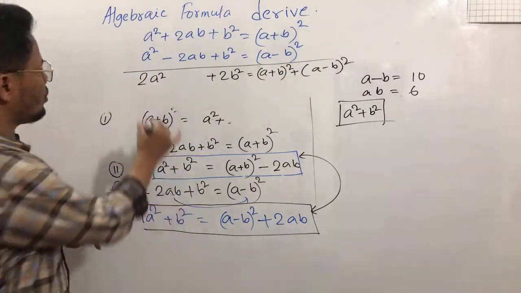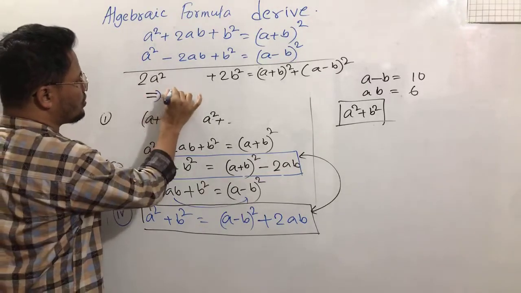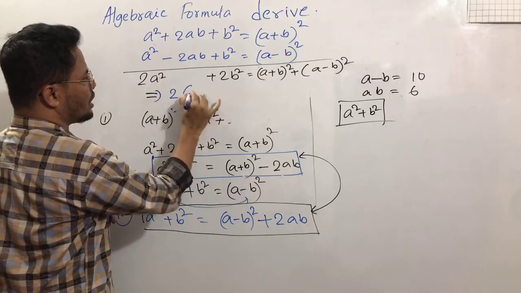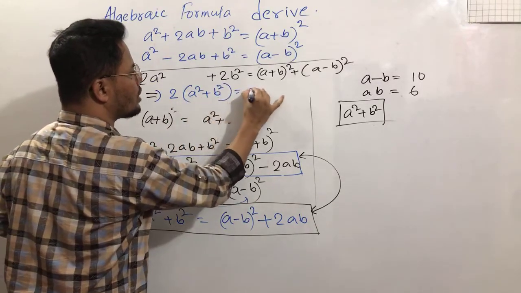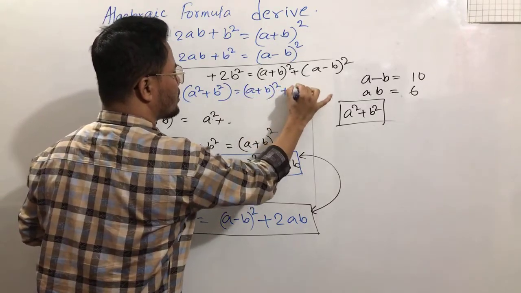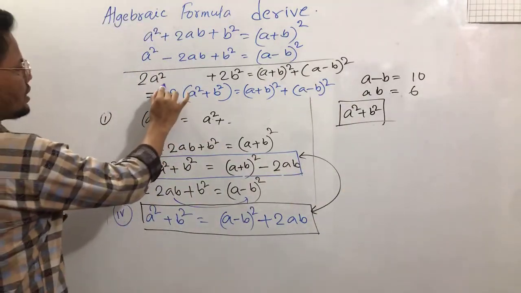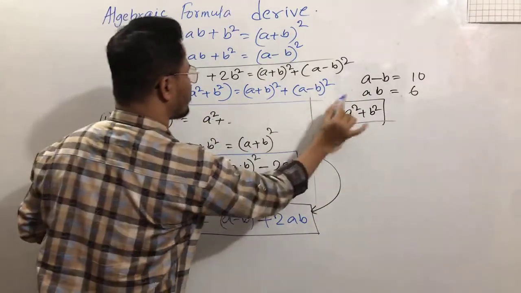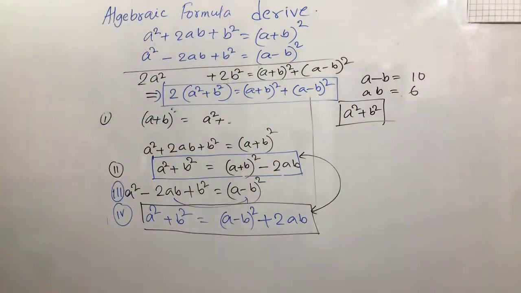Or if you take 2 as common, what will be the result here? 2 times A square plus B square equals A plus B whole square plus A minus B whole square. And this is another most usable and common formula in algebraic expression.